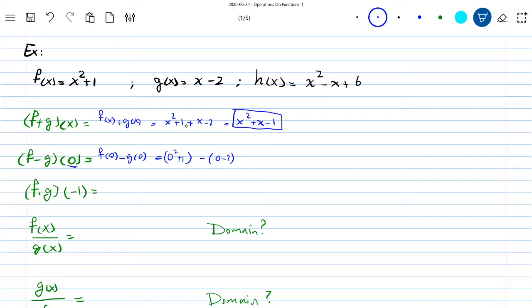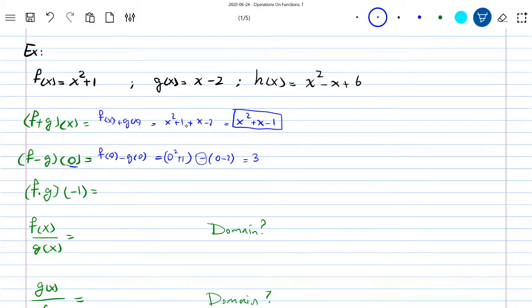You should use parentheses because the subtraction will distribute into both terms if this is not a constant. In this case it's a constant, so it really doesn't make that much difference. 0 plus 1 is 1, and you would have negative 2. 1 minus negative 2 becomes 3. So this is (f - g)(0).